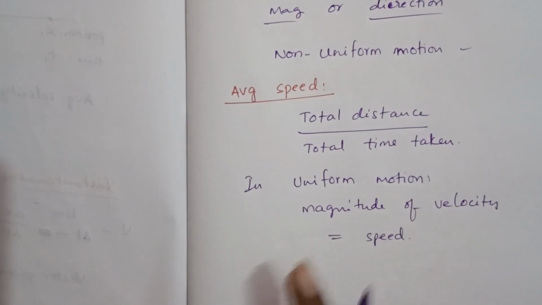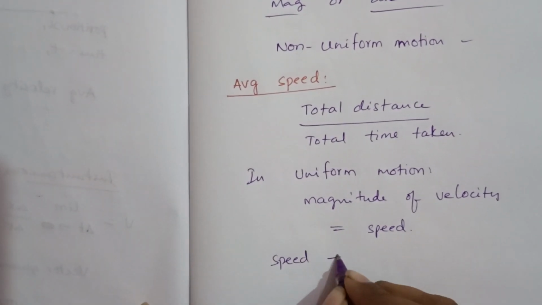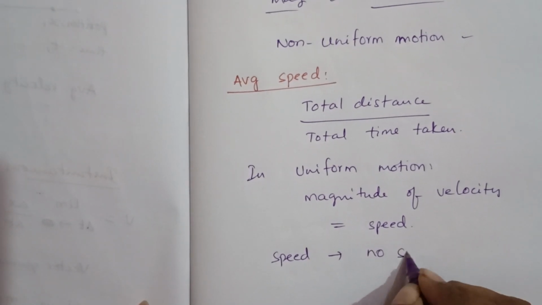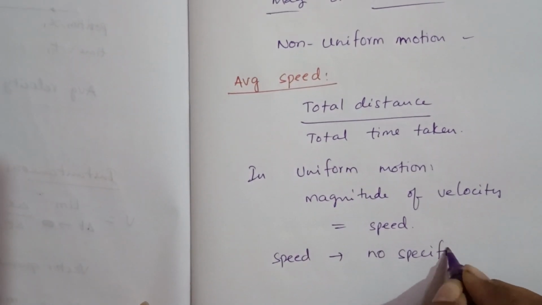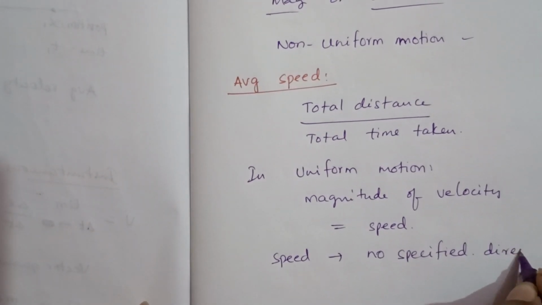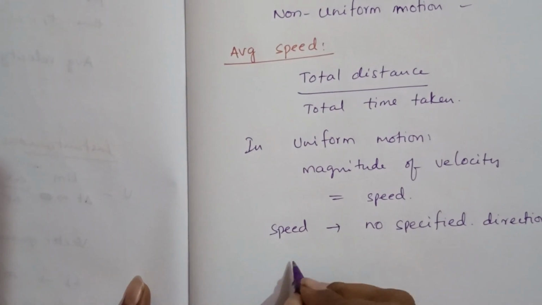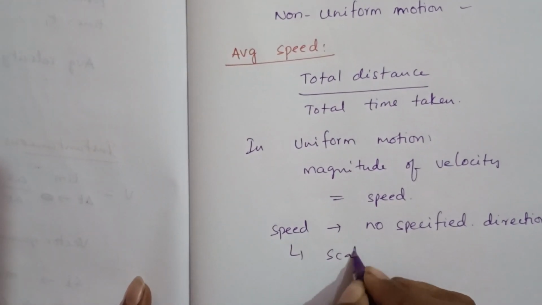Speed is not having any specified direction. It has magnitude, but no direction. So speed is a scalar quantity.